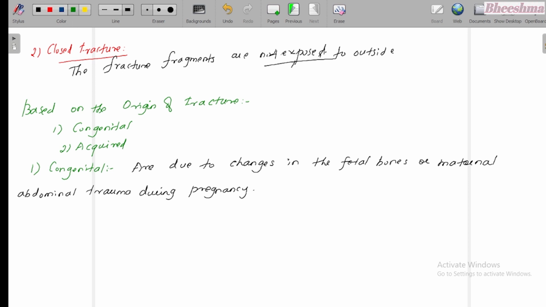Next about acquired. In acquired, it's traumatic. And the next one is pathological.